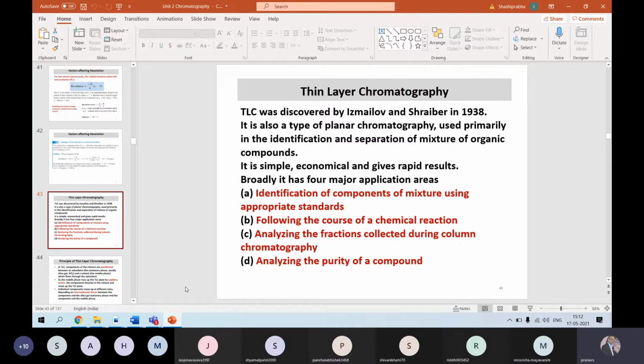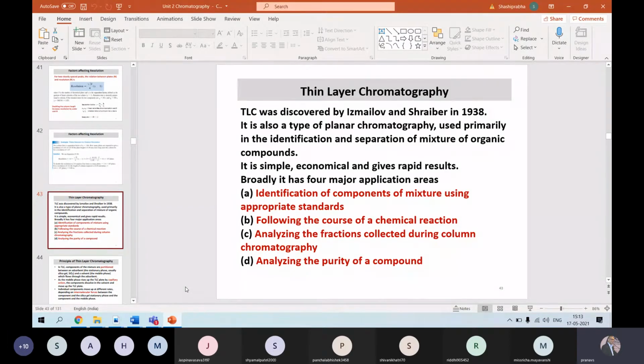Now I have identified four major application areas for TLC. We all know that it can do separation. That is fine. Thin layer chromatography as such is not used for quantitative analysis, only for qualitative analysis.